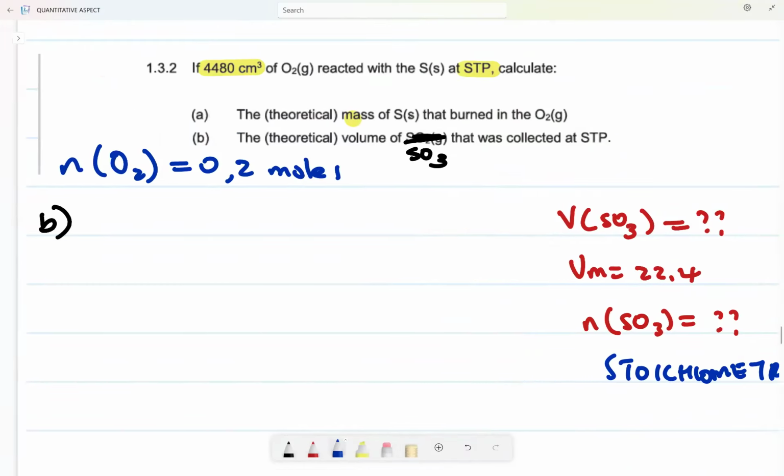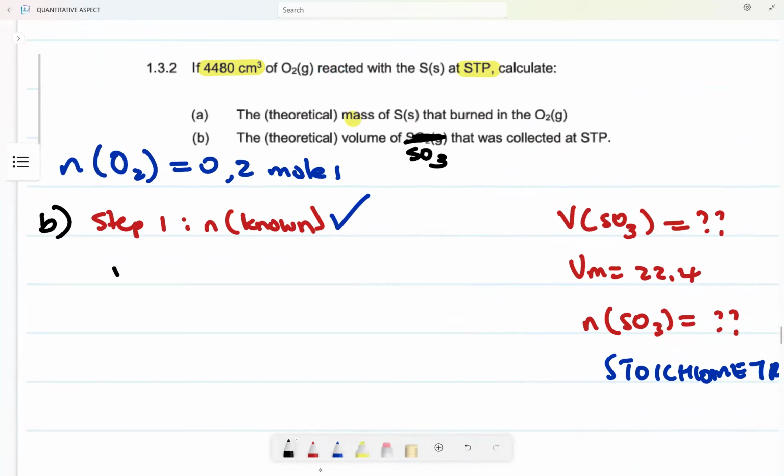Remember step 1 of stoichiometry? Number of moles of the known. What is the known? The known is O2. Do I know it? Yes, I already know step 1.